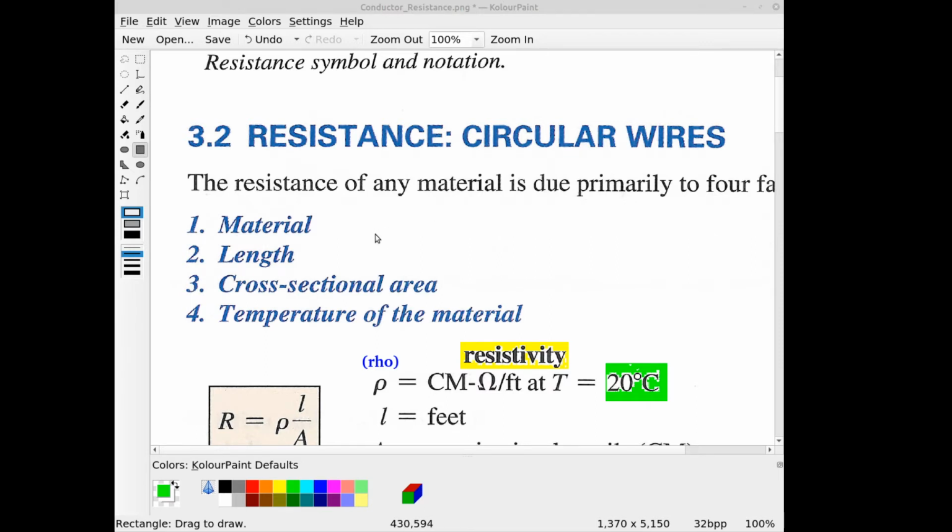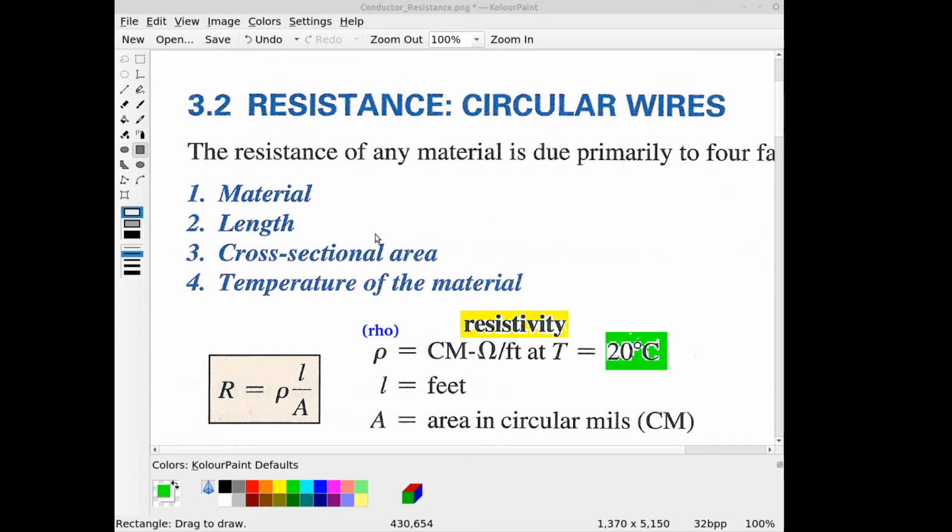The resistance of a material is due to the physics of the material. There are basically four properties of that material that define its resistivity. The first one, of course, is simply the type of material.